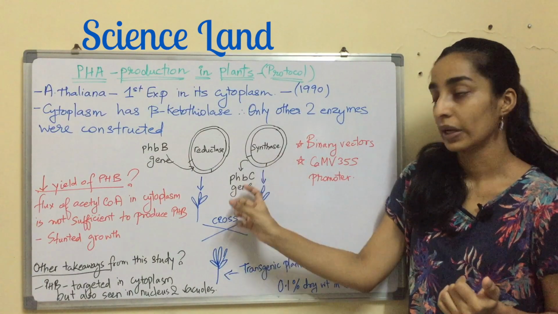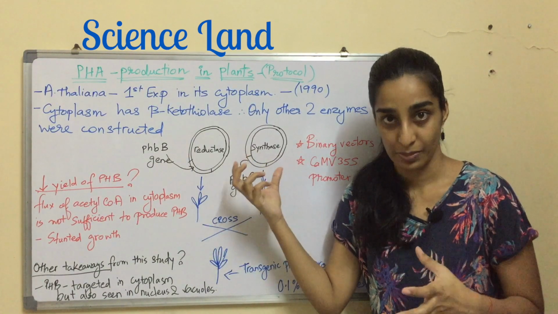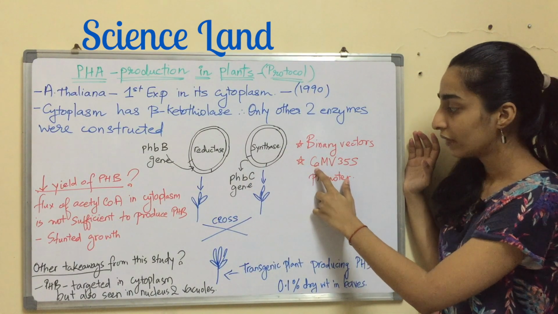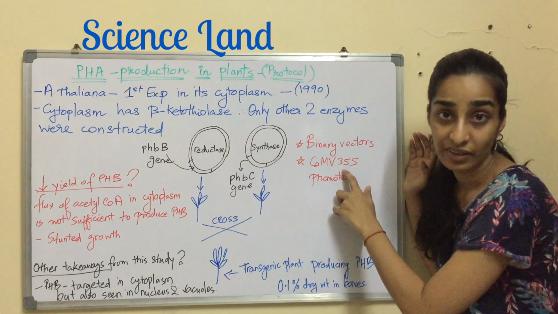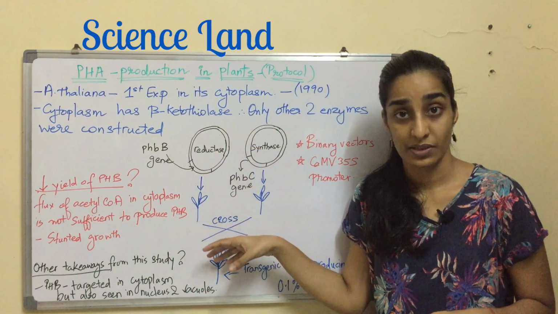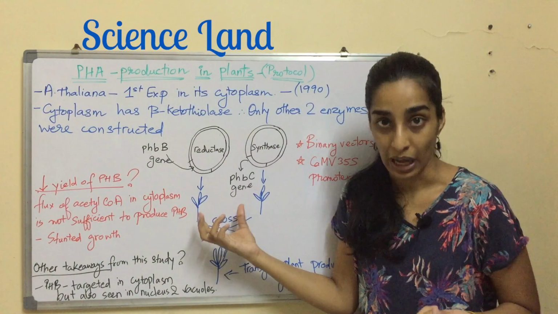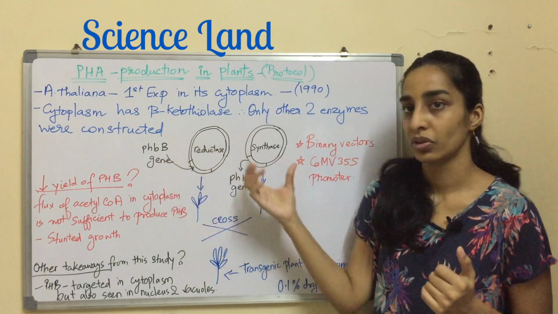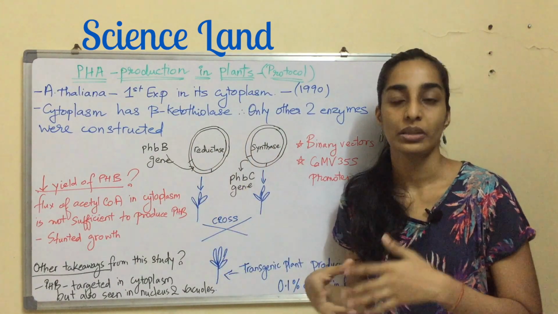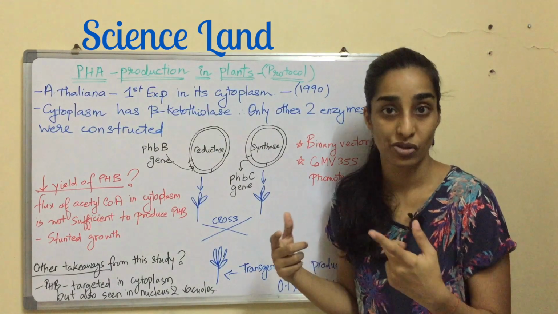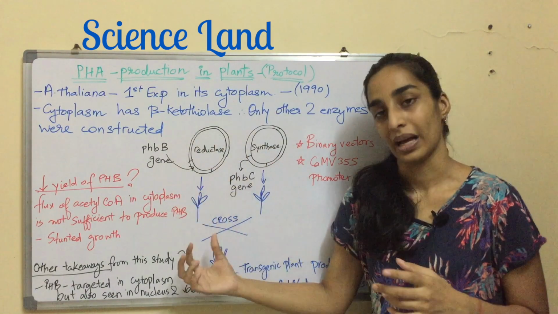Both the genes were incorporated into these plasmids, and they were driven under the cauliflower mosaic virus 35S promoter. Individually, they were transformed into the Arabidopsis plant. Now, why individually? Why can't you integrate both the genes in the same vector? Because plants cannot transcribe an operon with more than 1 gene. So, individually the plasmid was made.